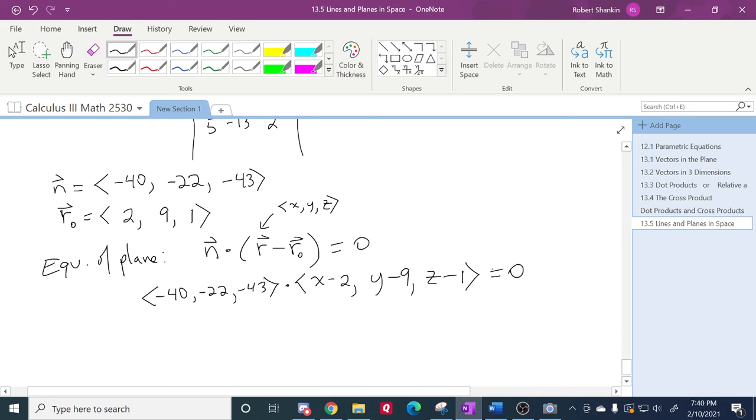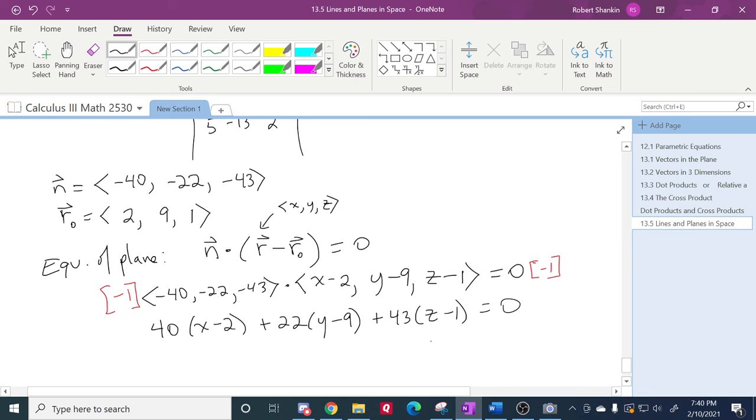Now we dot product it all together. Now I'm going to do a trick. I'm going to multiply both sides by negative 1, because all these negatives could be turned into positives. And I'll get 40 times x minus 2 plus 22 times y minus 9 plus 43 times z minus 1 is equal to 0.